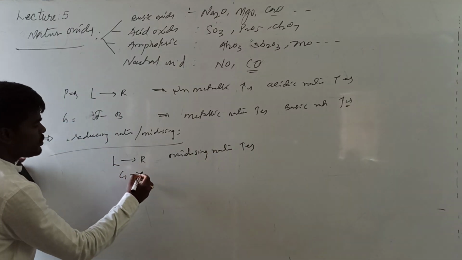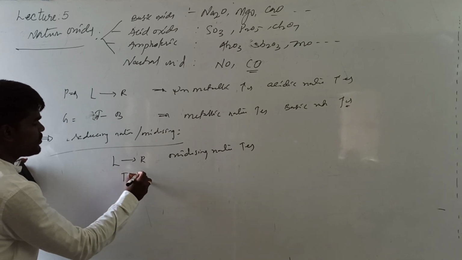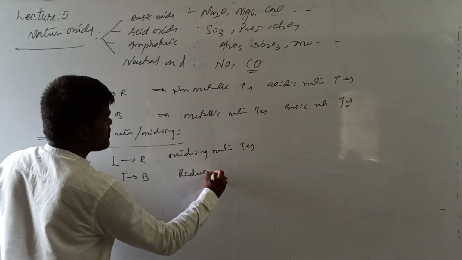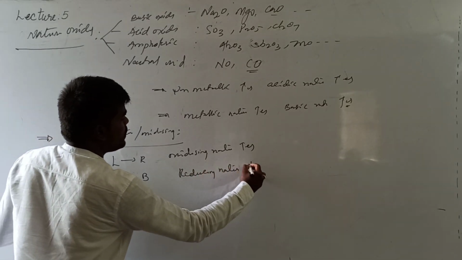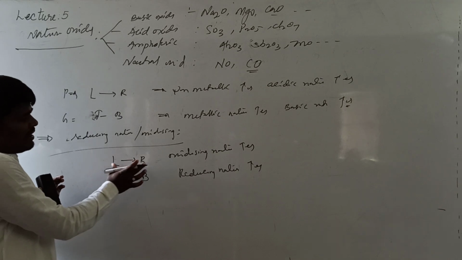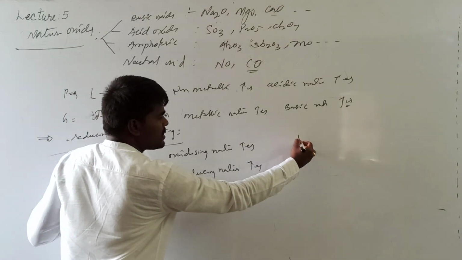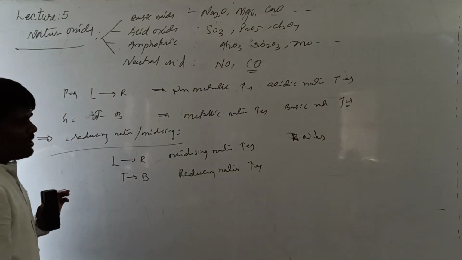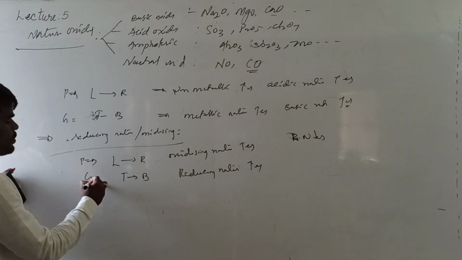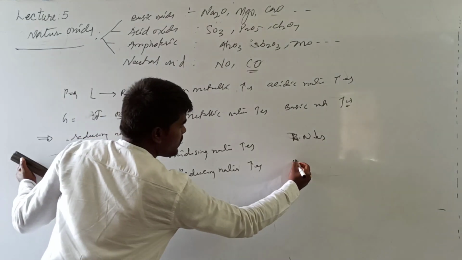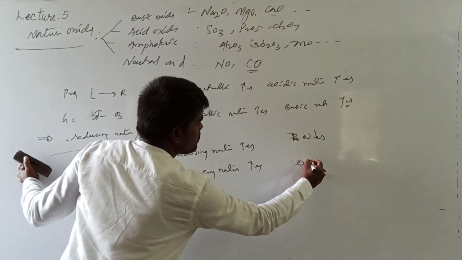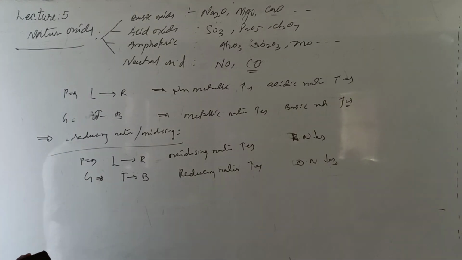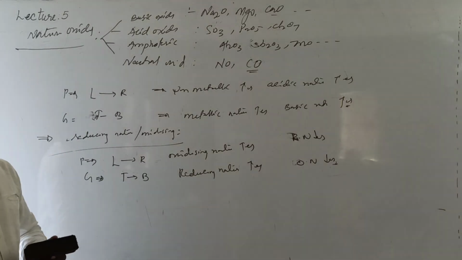In groups, top to bottom, reducing nature increases. Left to right in a period, reducing nature decreases. And top to bottom in a group, oxidizing nature decreases. These are some periodic properties which we generally discuss in the periodic table.